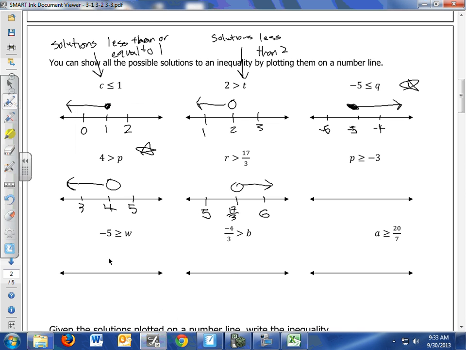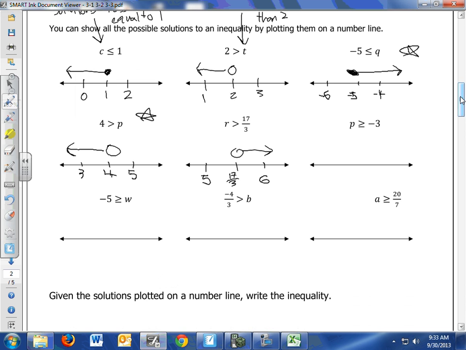All right. Do the remaining 3, 4. When you're done, check your answers with a neighbor.